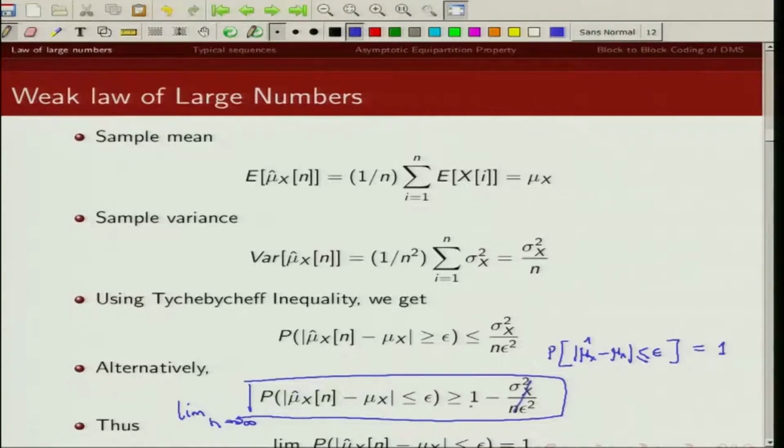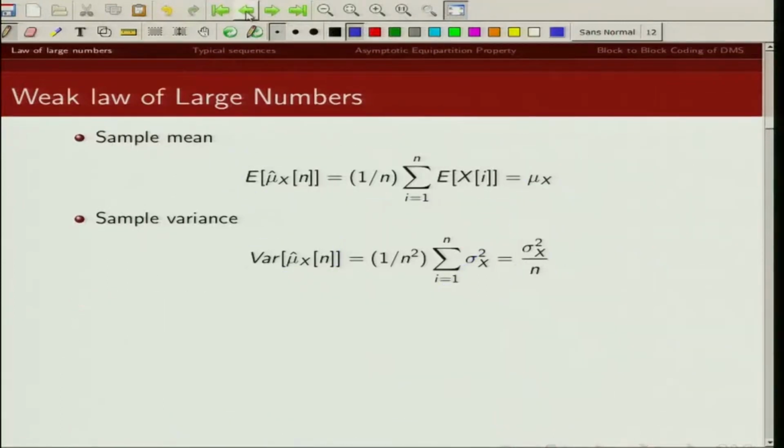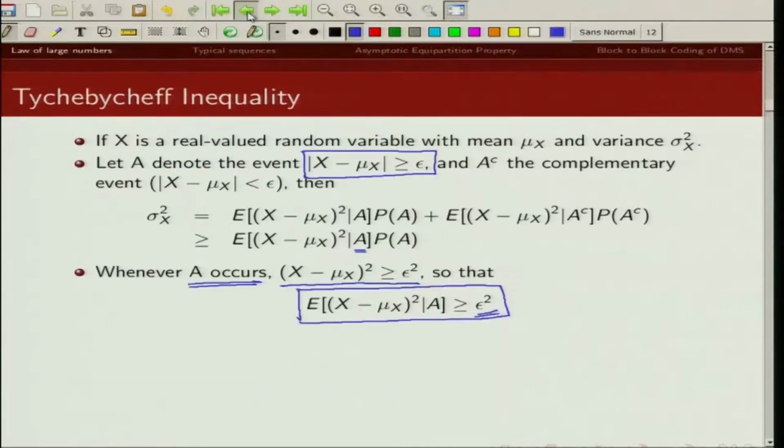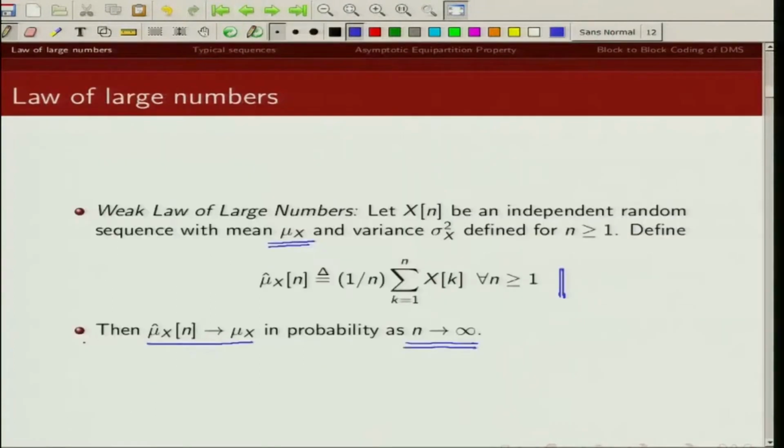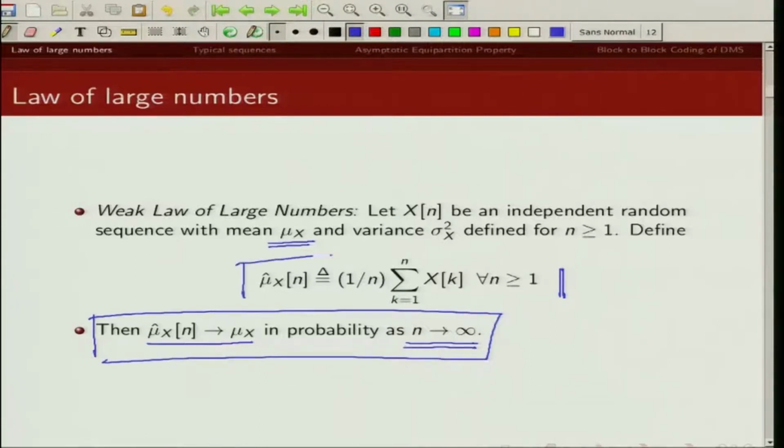So this mu hat of x approaches mu x in probability, it converges in probability. That's what we said earlier: if we define mu hat of x like this, it converges to mu x in probability as n tends to infinity.